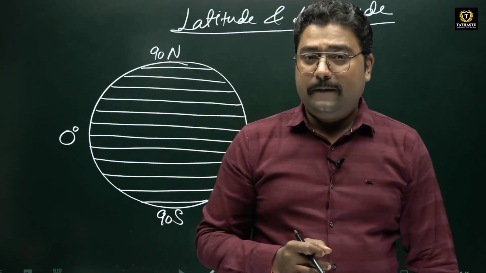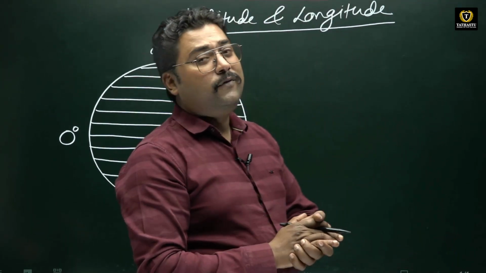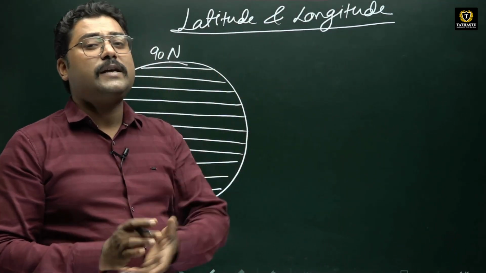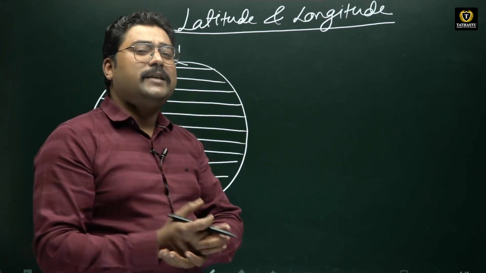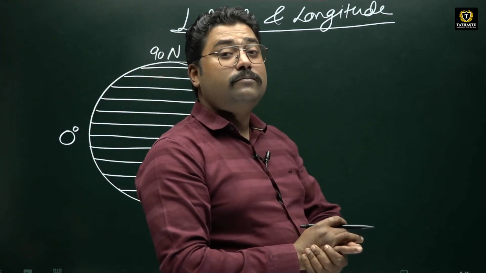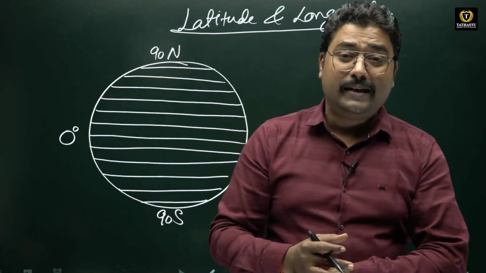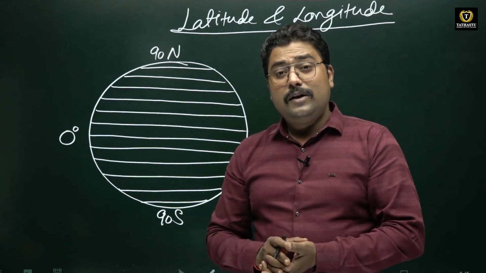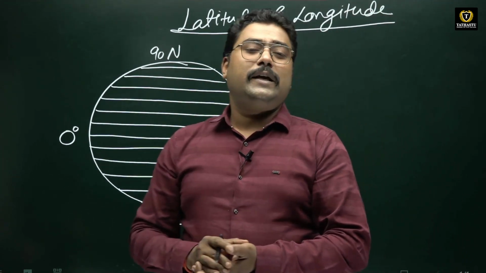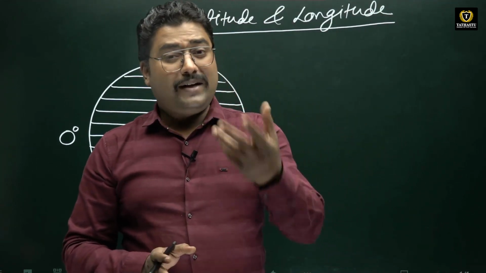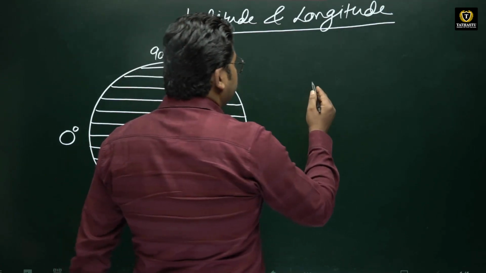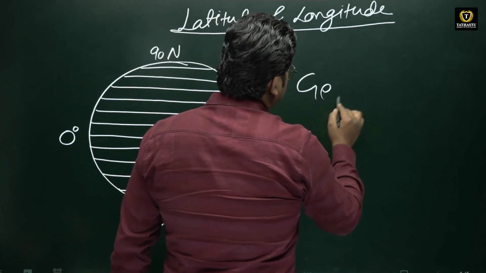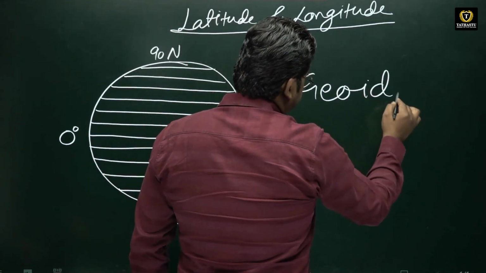On the other hand, if we talk about the shape of earth, what is the shape of earth? Some might be saying it is circle in nature, some elliptical or like orange or apple. So basically no such shape is there of earth. So what is the shape? The shape of earth is geoid.